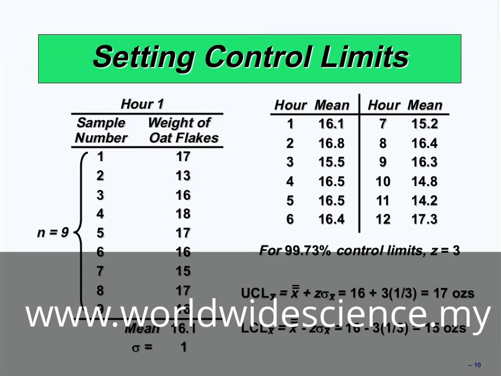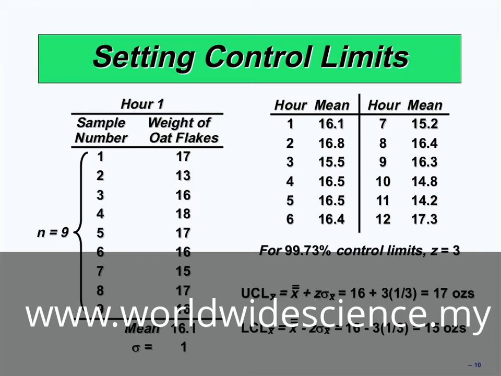So in each hour, we should do the same sampling and then measure the mean in each hour, and finally we should calculate the average of averages, or X bar bar.